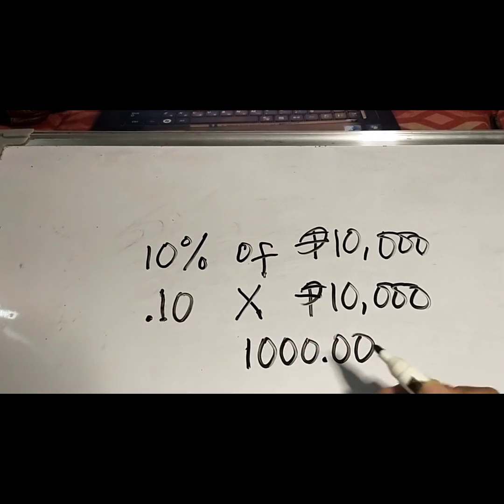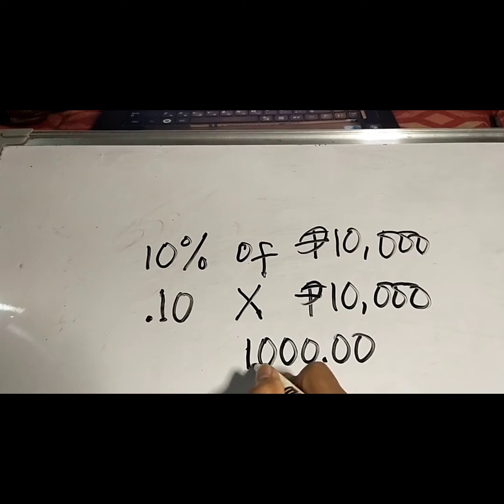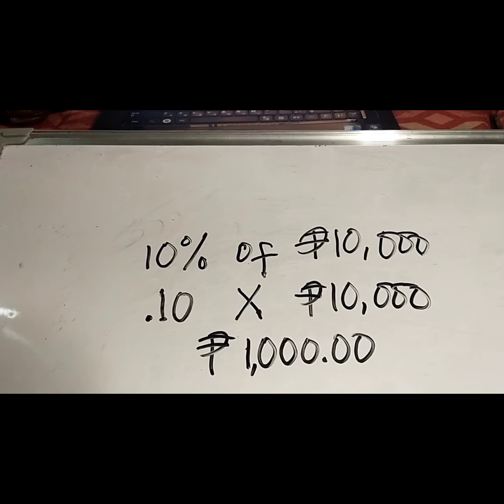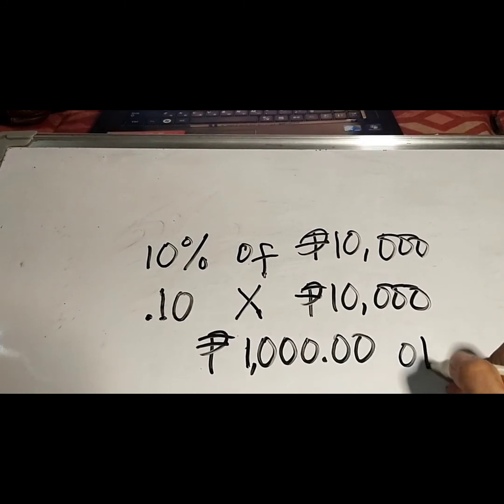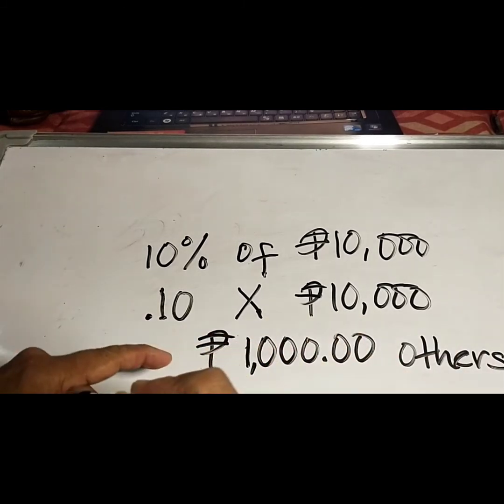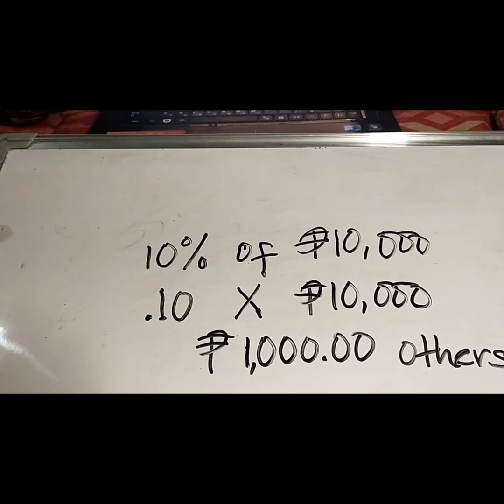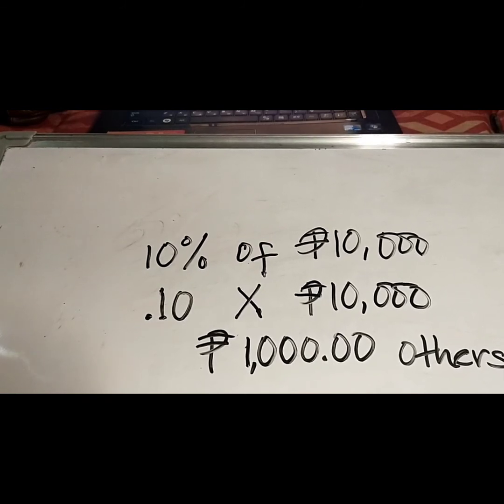Then how much do we have? 1,000. 1,000 is for what? Budget for others. Okay. So that ends our problem. Okay. Next.